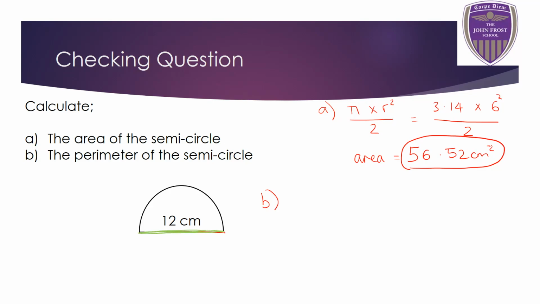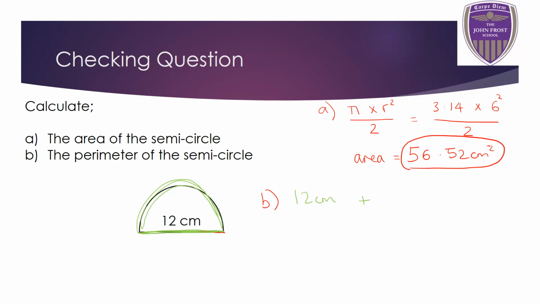It's got this flat edge at the bottom, and then it's got this curved section here. Excuse my drawing. So all we've got to do is work out those two and add them together. The flat edge at the bottom is the diameter, so we already know that flat edge is 12 centimeters. So we're going to do 12 centimeters plus whatever this curved edge is.